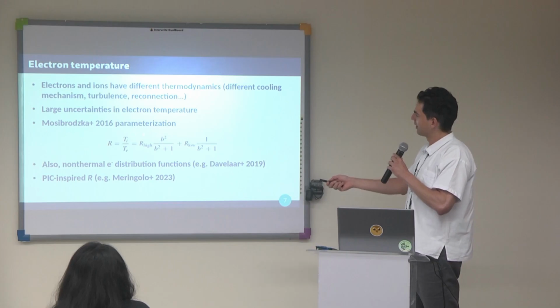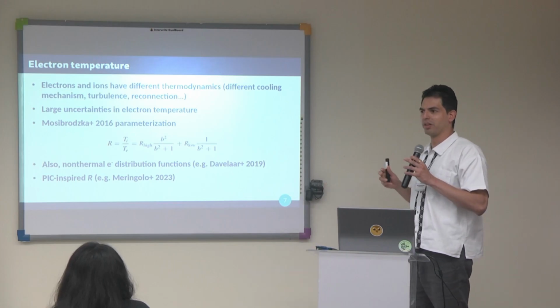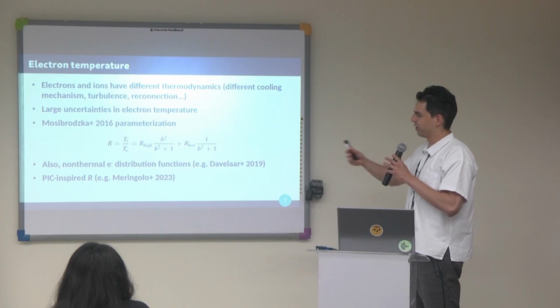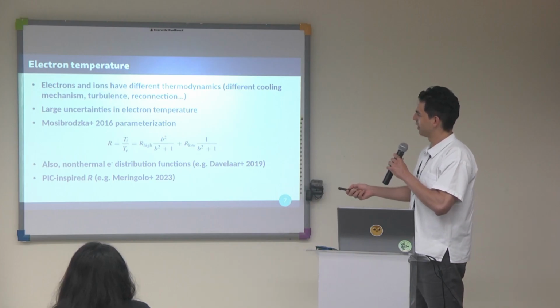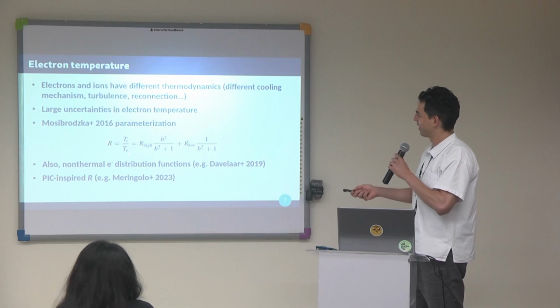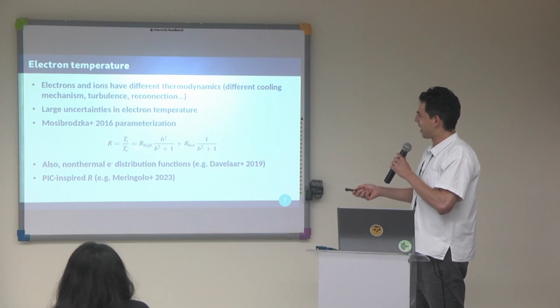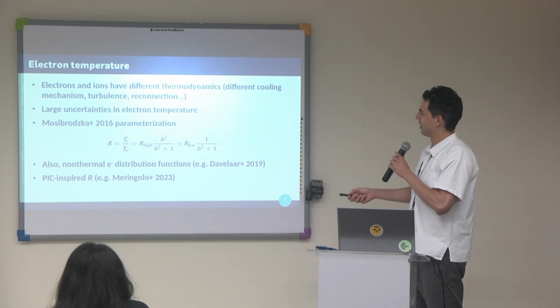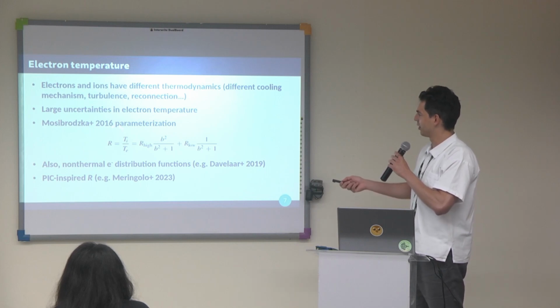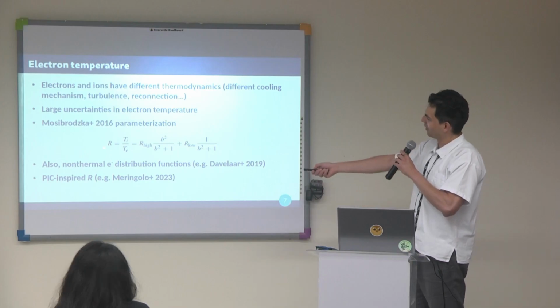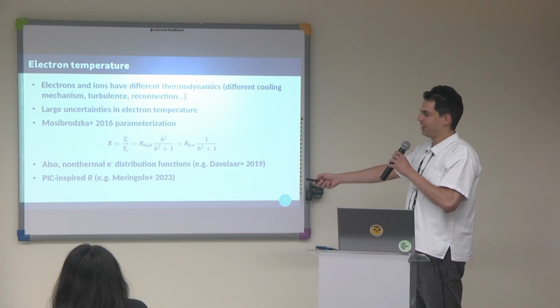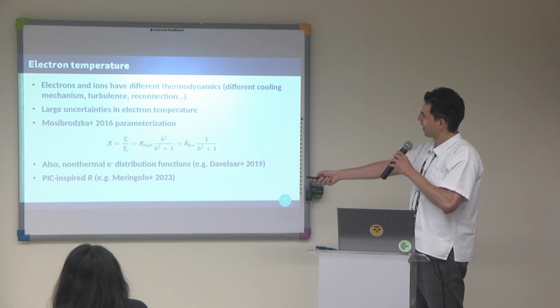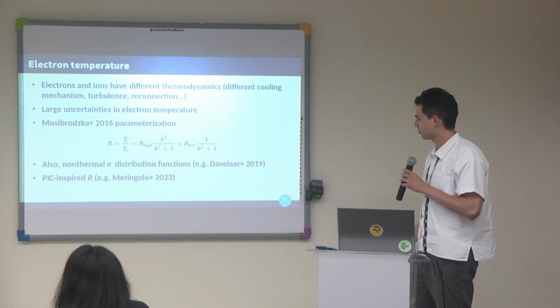So currently, what is the standard to use in order to go from simulations to radiative transfer calculations is the parameterization called the R-high, R-low parameterization. This was from a paper by Monika Mościbrodzka from 2016, and it works in this way. We have a quantity R that defines the ratio between the ion temperature and the electron temperature.